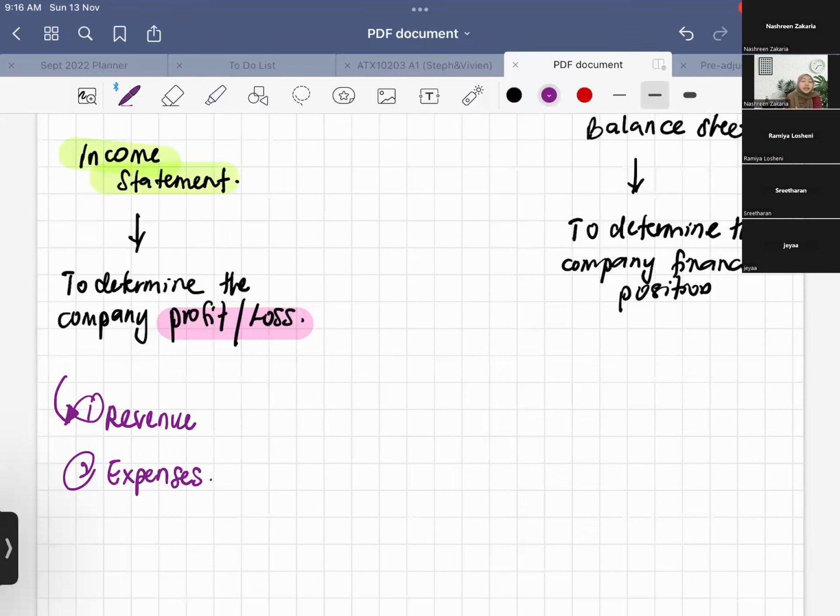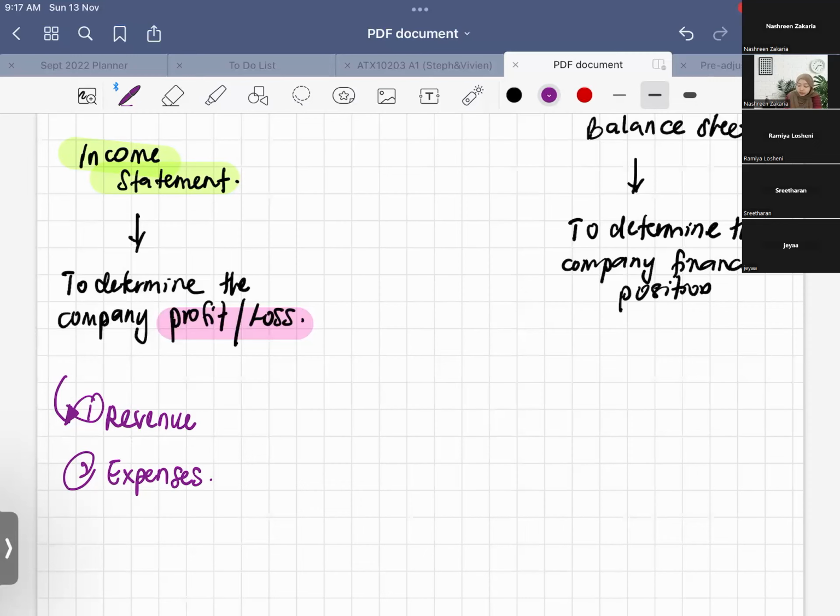So that means asset, liability, owner's equity will not be included in our income statement. Okay, if you remember the profit and loss equation, how to calculate profit, you take revenue minus expenses, then you will get profit, isn't it? So that's why the income statement only includes revenue and expenses accounts.